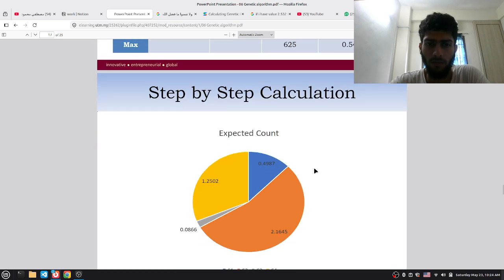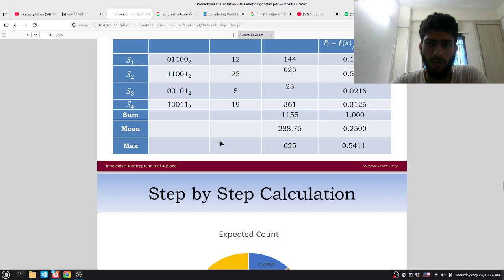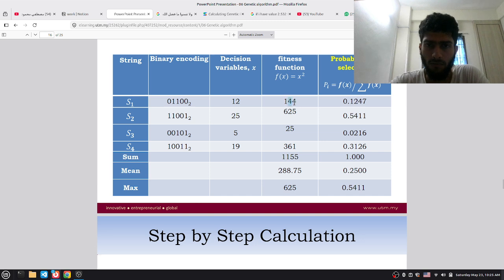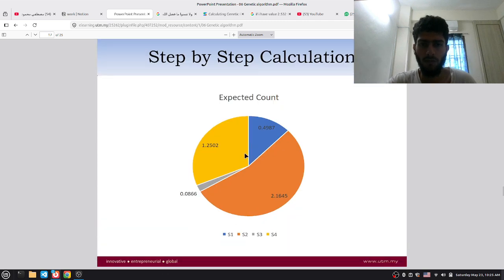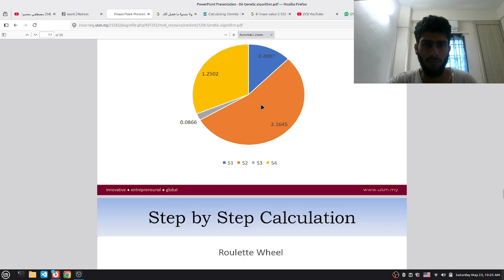And the expected count: how do we get the expected count? We take this value over here divided by the mean, and we get 0.12, and we take this value divided by the mean, and we get 0.5411, like this. So this is the expected count.